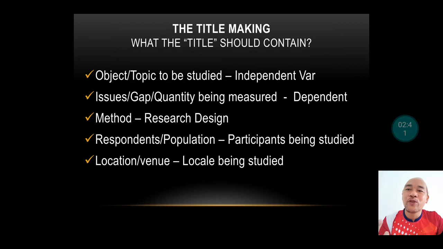And then the issue, the gap, or the problem, which means the quantity that is being measured, which is the dependent variable. And the method, the research design, the previous one. And then the student or the respondents or the population or the participants that you want to study. And the title should also contain the locale, or the location, or the venue of the study that you want to happen.